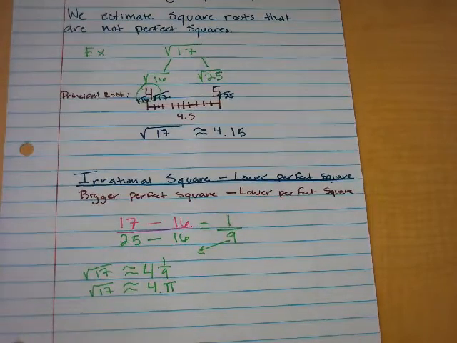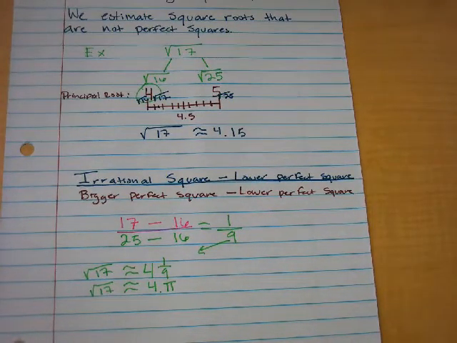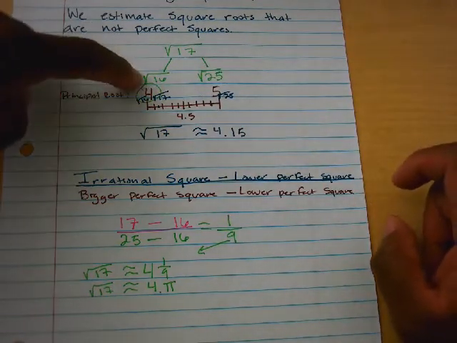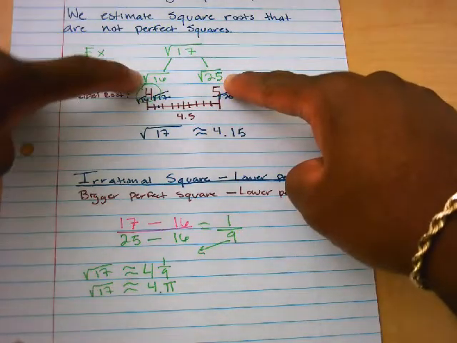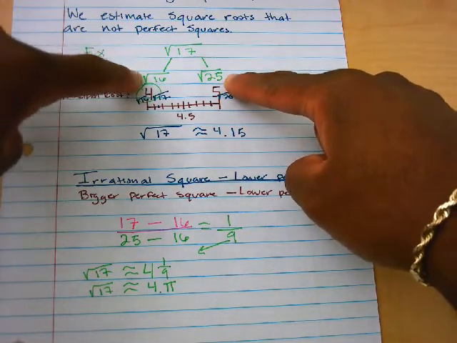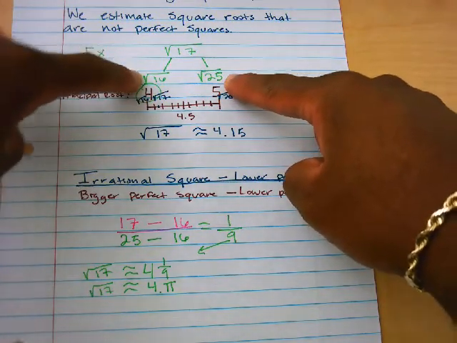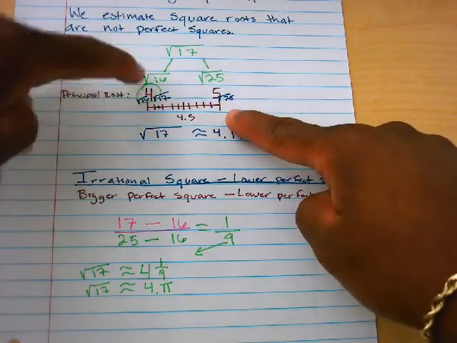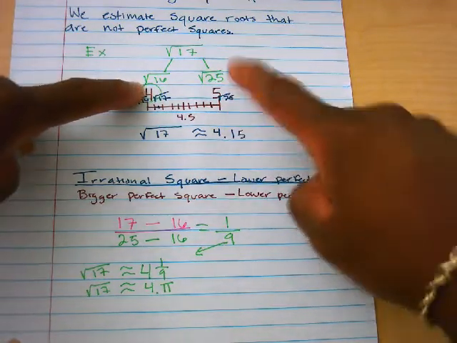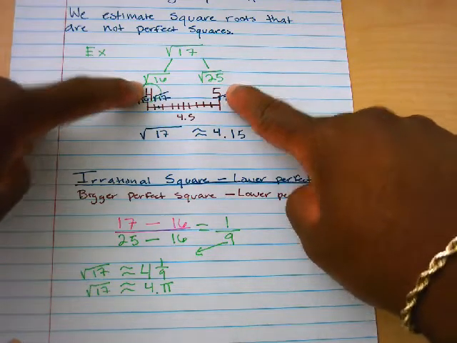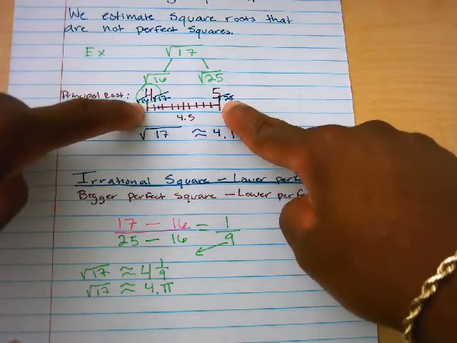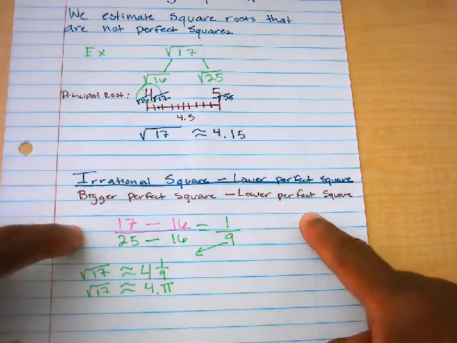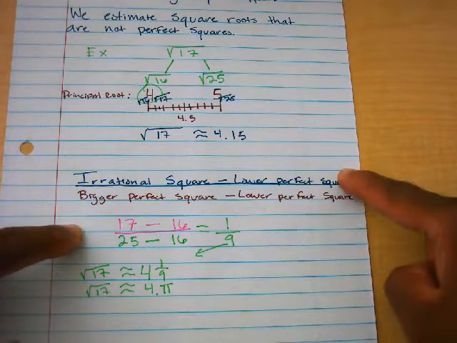And so, whenever you're estimating square roots, you won't be perfect because of the fact that you need a calculator. But we do have two strategies for you to use. You can generally estimate given the lower perfect square and the bigger perfect square here, right? Which one's the closest on either end? So 16 and 25, right? And then we have a number line. You can put the principal root of 4, principal root of 5, and figure out where that number goes on that number line. Or if you want to be more specific, you can use this formula, the irrational square minus the lower perfect square.